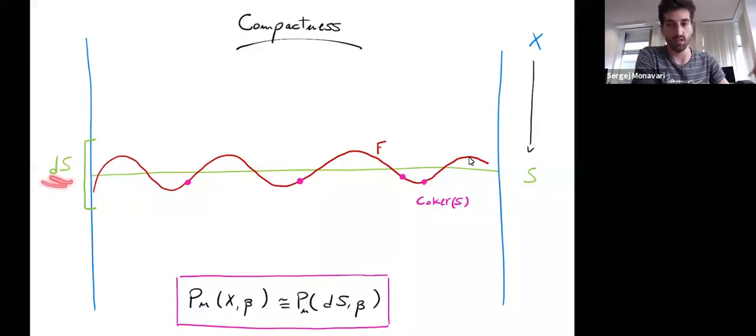So this D is determined by beta and n. And the co-kernel, again, has to live inside here. So that's why we get compactness. We get something that relates to surfaces, but again, usually this D is not 1. So you don't just have stuff which is supported on the surface.